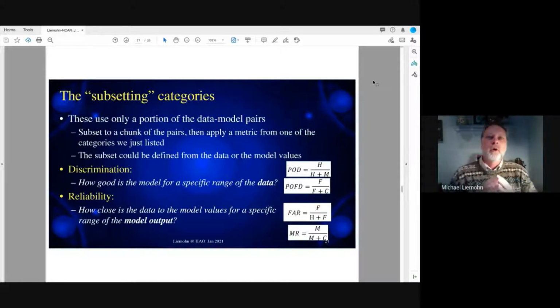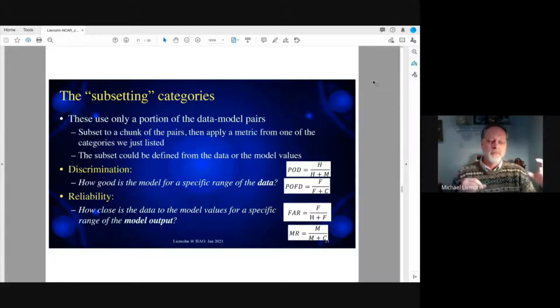And so for fit performance, this just means dividing up your range of either the model values or the data values and using just a subset of the points within a slice, a horizontal or vertical slice of your full data model set. And this is very useful, actually, because then you can apply the same metrics that you were just using on that slice and see what is the accuracy, what is the bias, what is the precision within that particular slice as a function of data.